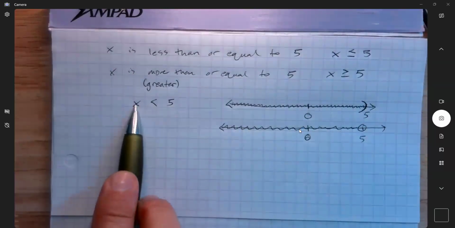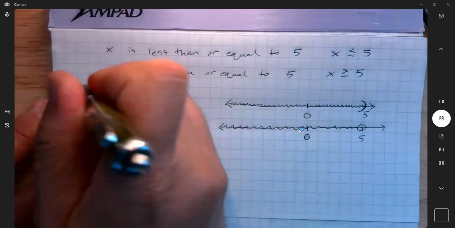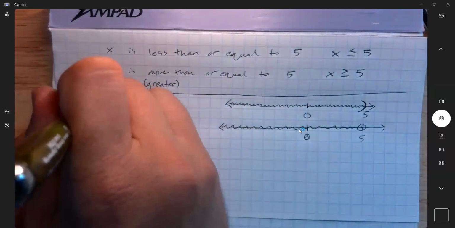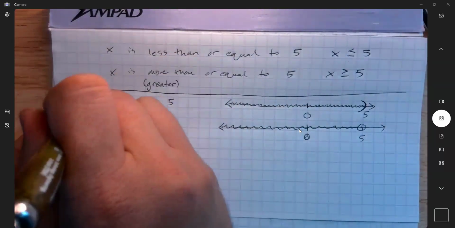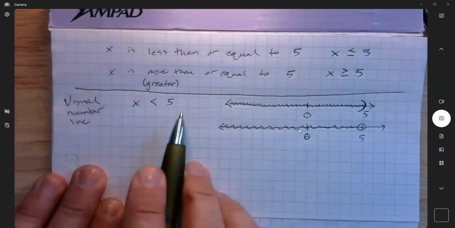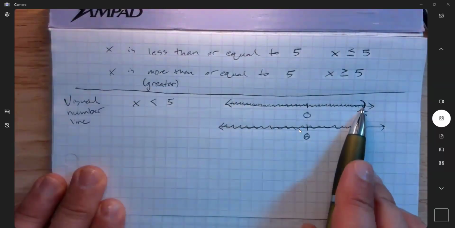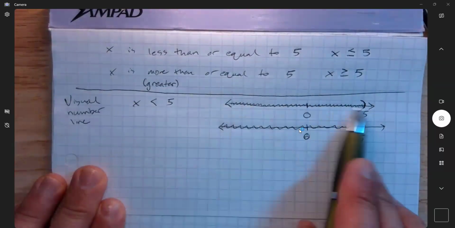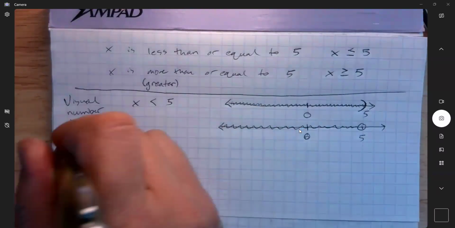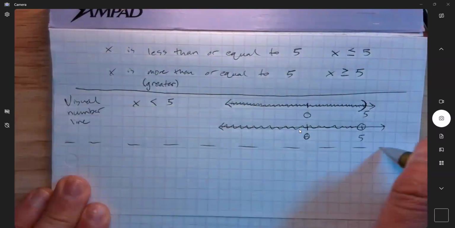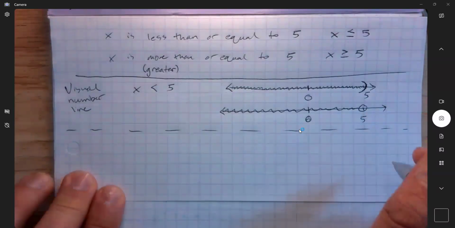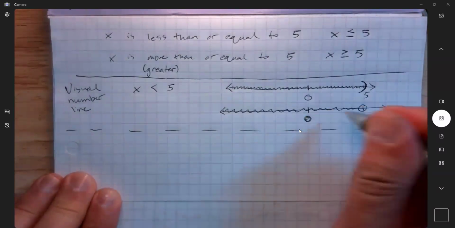So reading this, I say x is less than 5. I better put a line here because I switched. Visual number line. X is less than 5, I can represent as a number line where I shade in all of the numbers to the left of 5. This also makes it really easy for me to do inequalities that contain more than one part.